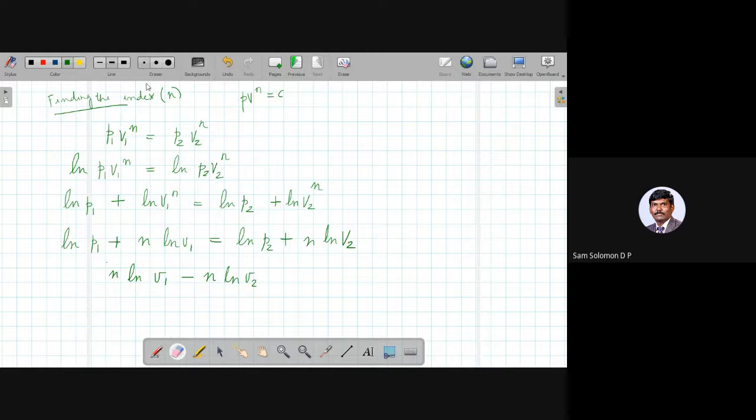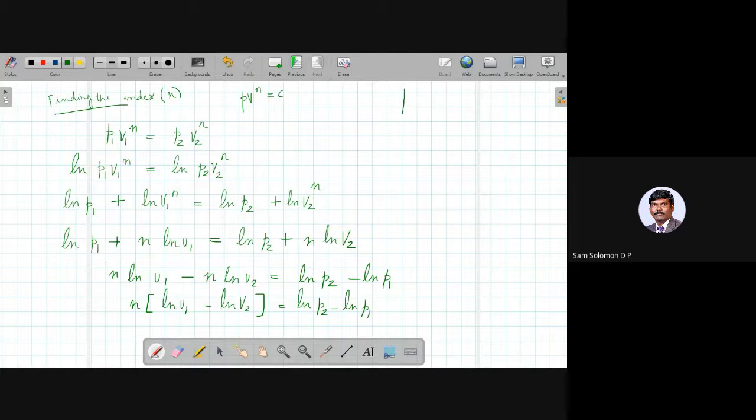Sorry guys, everywhere it is capital, so we will write this as capital. This is equal to ln P2 minus ln P1. Once again, applying the logarithmic rule, ln V2. Sorry about that. And this is equal to ln P2 minus ln P1.